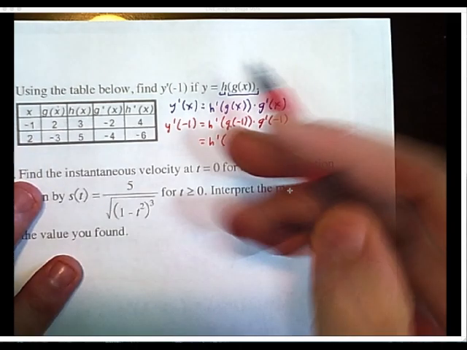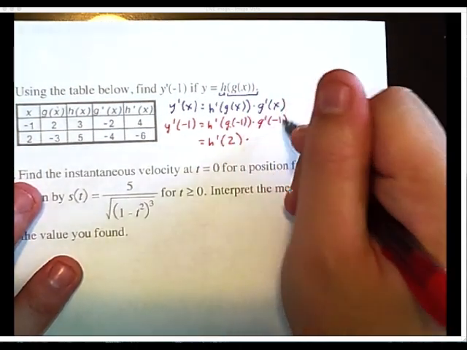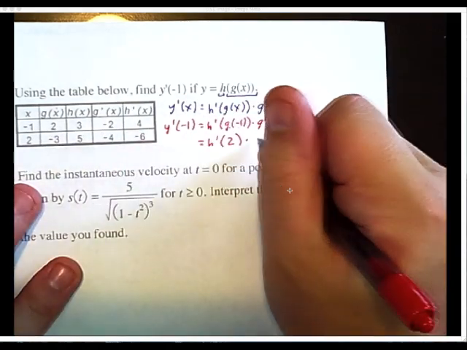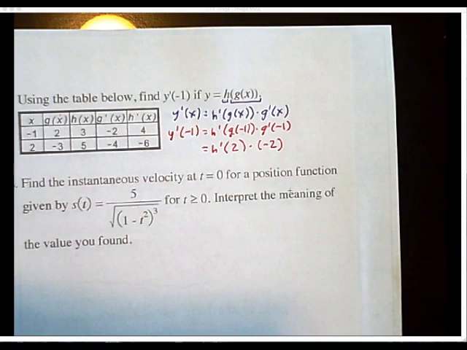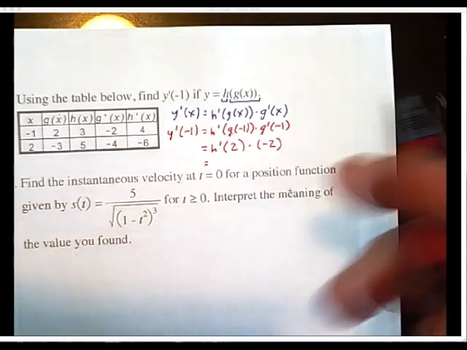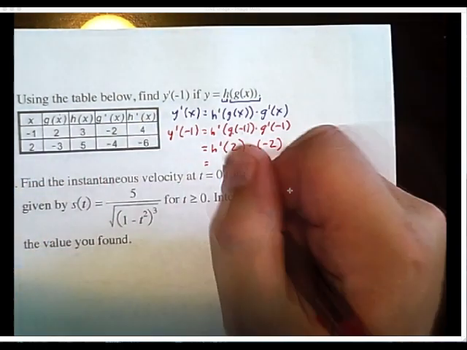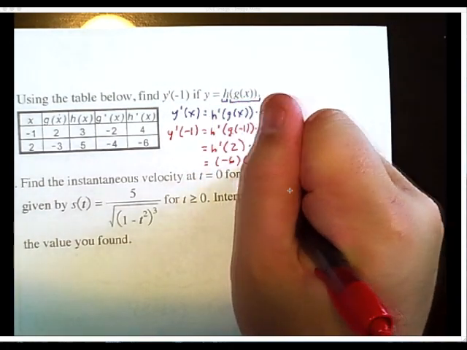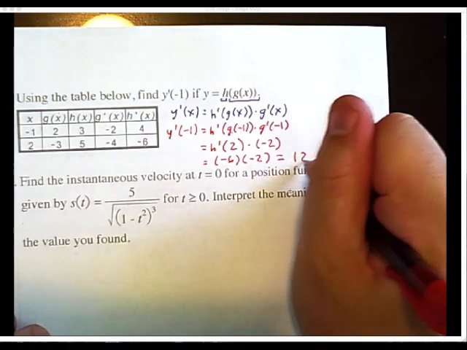G of -1 is 2. G prime of -1 is -2. Using the table again, h prime of 2 is -6. So I have -6 times -2 there, which is a positive 12.